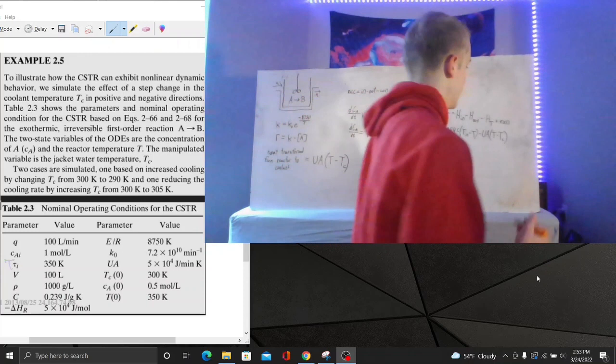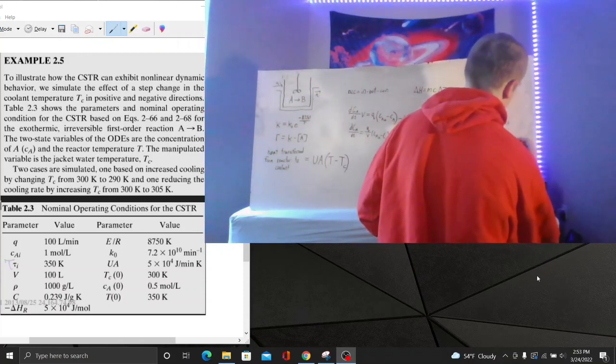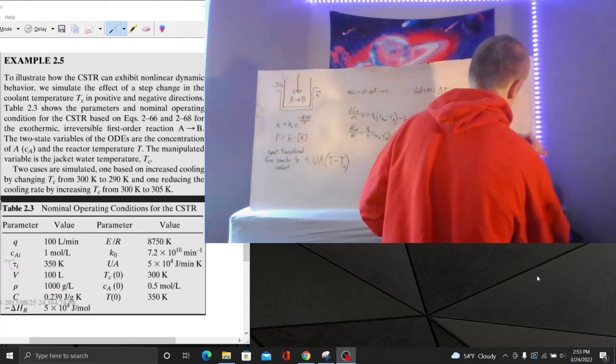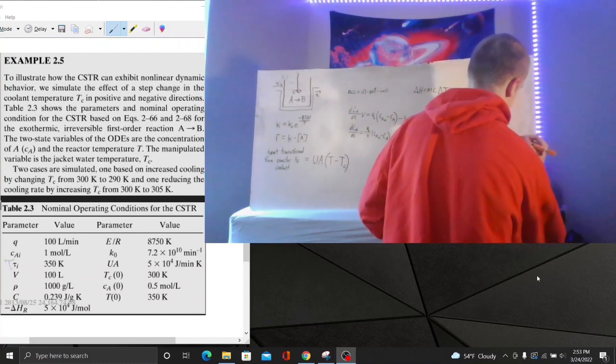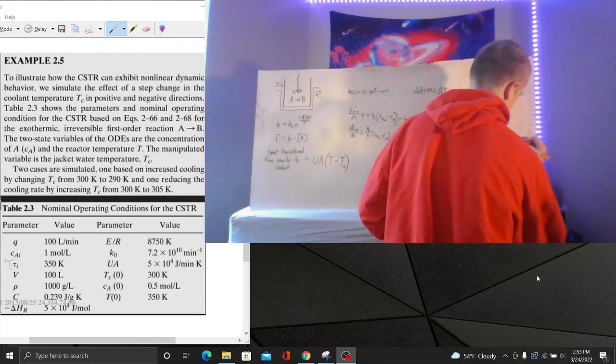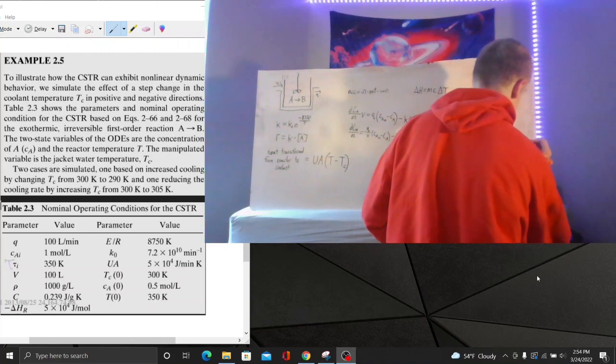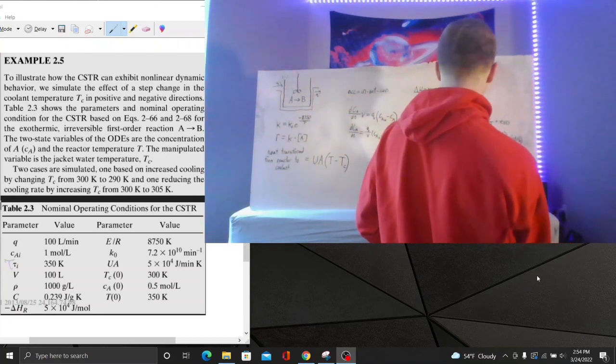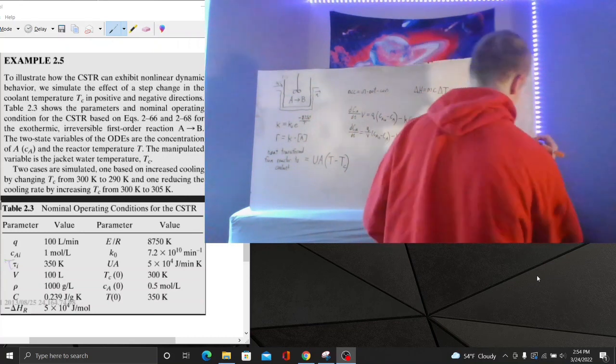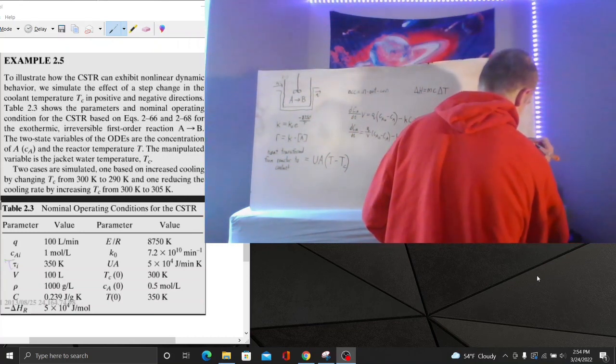Finally, we will be adding the heat released from the exothermic reaction, and again we will be multiplying that by the rate of the reaction and the volume, and then the concentration of A.